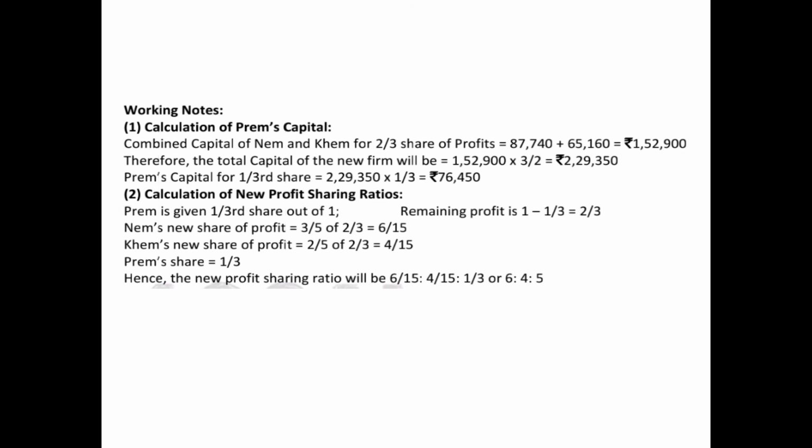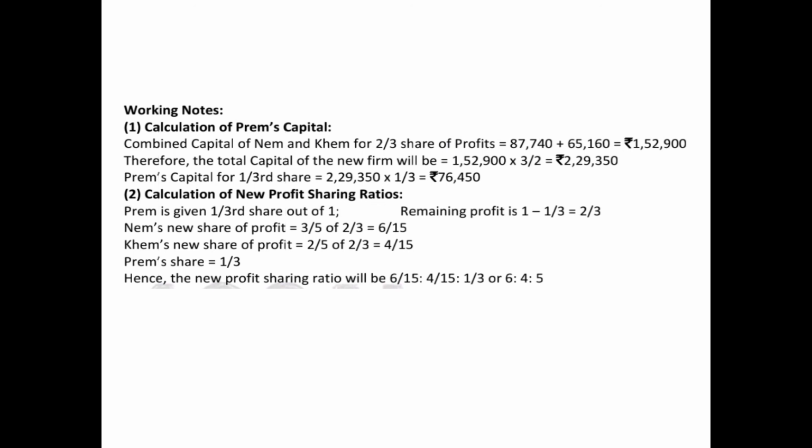So the ratio of Naam is 6/15, Kaam 4/15, and Prem 5/15. So the ultimately new profit sharing ratio will be 6:4:5. So this was the full-fledged question, children, in which there was the concept of revaluation account, there was undistributed profit, there was proportionate capital calculation, there was the calculation of new PSR, etc.